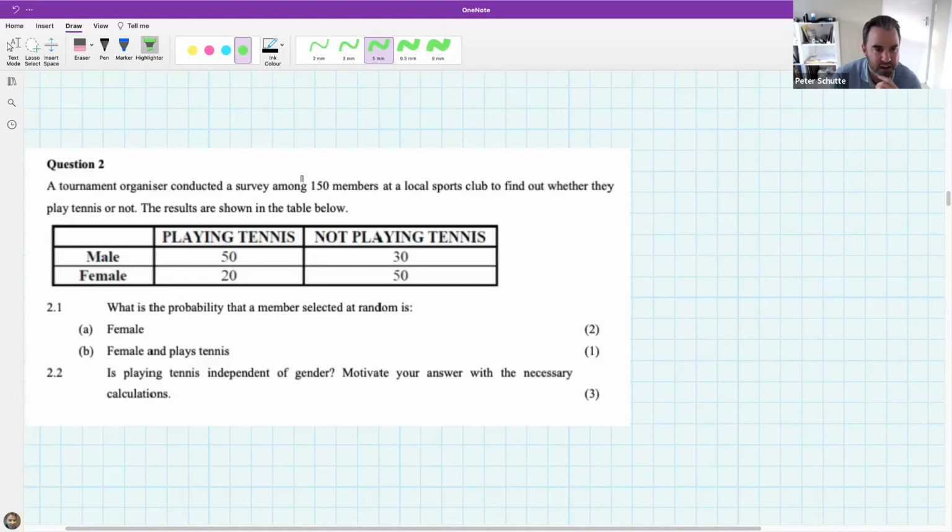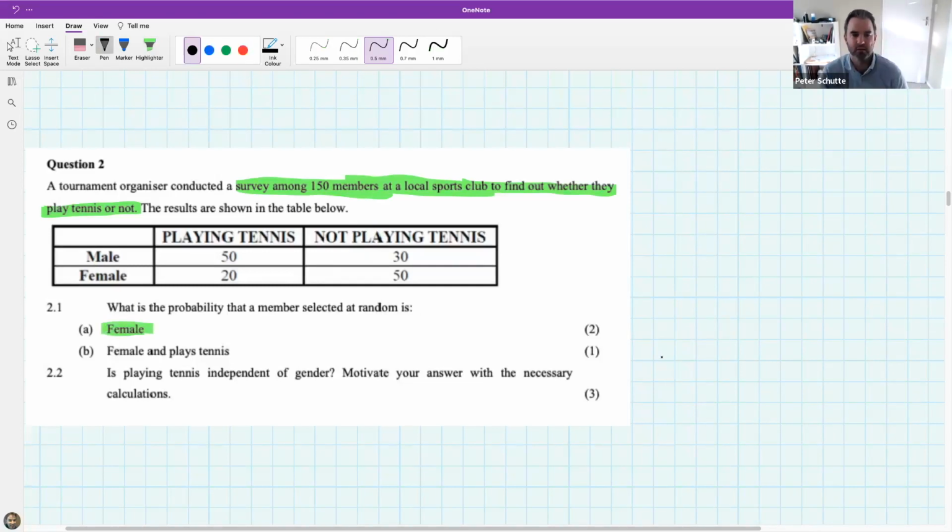This is a survey a tournament organizer does with 150 members at a local sports club to find out whether they play tennis or not. We divided up into males and females in the survey, and those who play tennis and those who don't play tennis. What is the probability that a randomly chosen person is female?